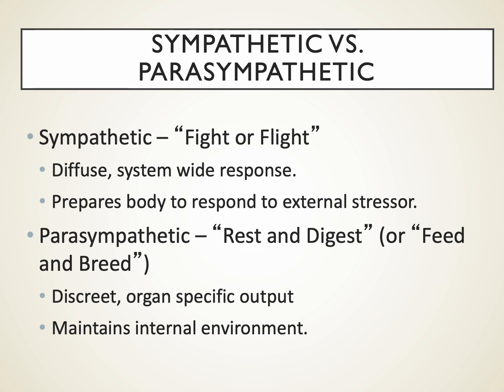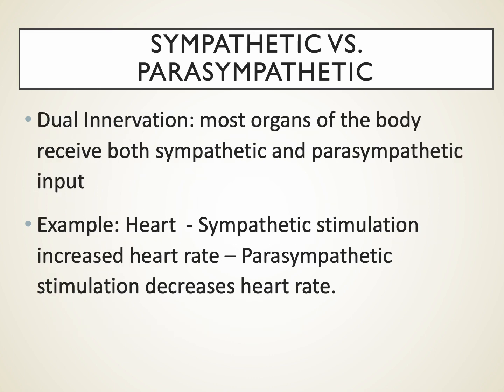We've already talked about fight or flight for the sympathetic, or parasympathetic rest, digest, or feed or breed. And we often see that many organs are dually innervated by both of these systems, one gas pedal, one brake.